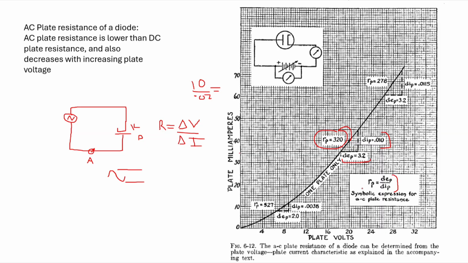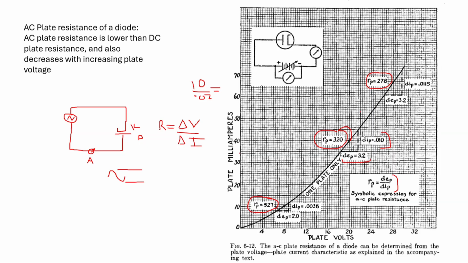And they've done it for a couple different values. Up here higher, at a higher voltage, 278. At a lower voltage, 527. Two things to note. One characteristic is similar to the DC curves. As you decrease the plate voltage, the resistance increases.